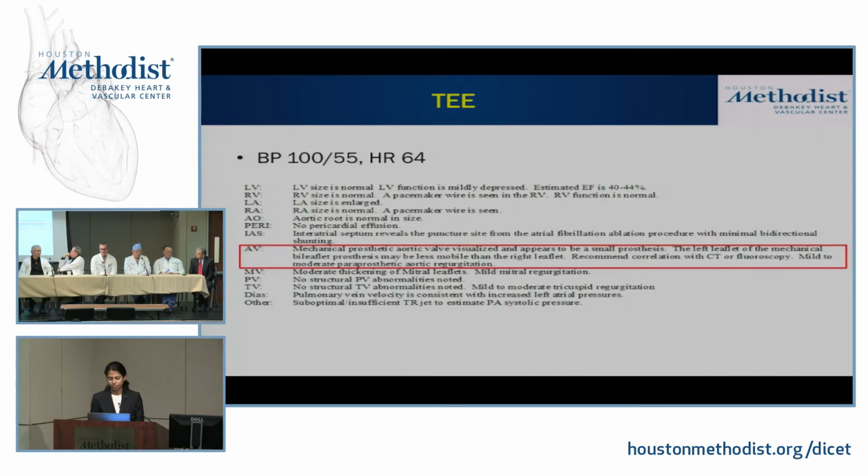Sure. The other thing is they mentioned that it appeared to be a small prosthesis. At 23 millimeter, St. Jude really should have excellent hemodynamics. So if you find a valve that has any real abnormality that's a 23 millimeter, then that's almost certainly dysfunctional. We use fluoro quite a bit. Actually, if you can get a diligent fluoro, the pyrolytic carbon leaflets are actually radio-opaque in their long axis.